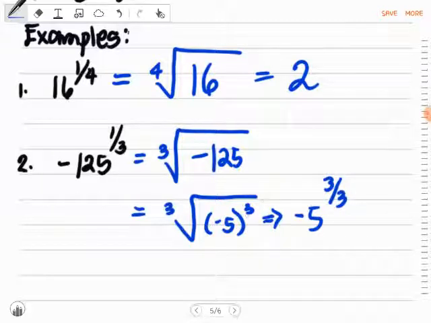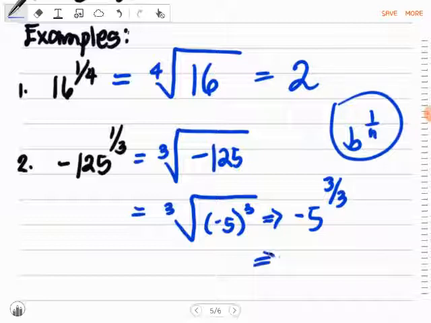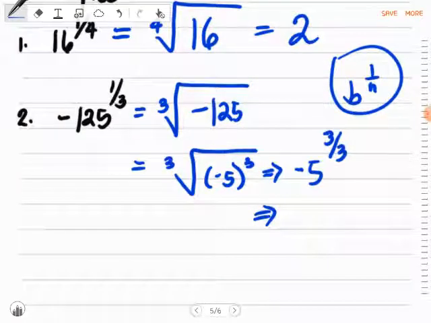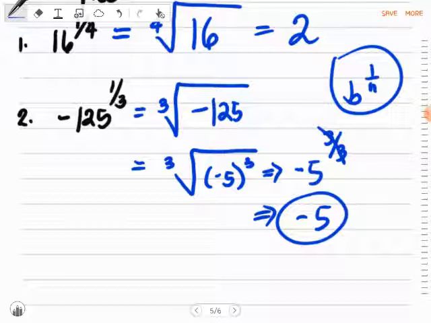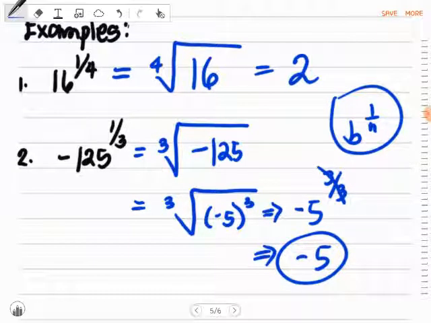Kukunin ko to as my numerator, and then this is my denominator. Tama? Kung susundin mo yung 1 over n rule. Okay, so ika-cancel natin yan because 3 divided by 3 is 1, so the answer is negative 5. So, yun yung answer natin for the negative 125 raised to 1/3.